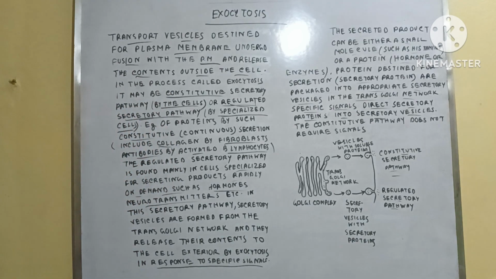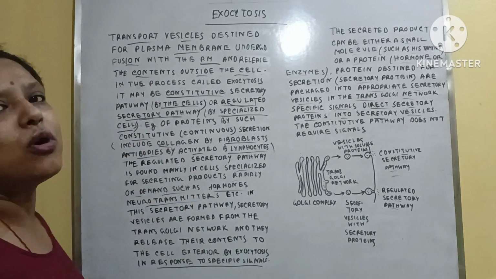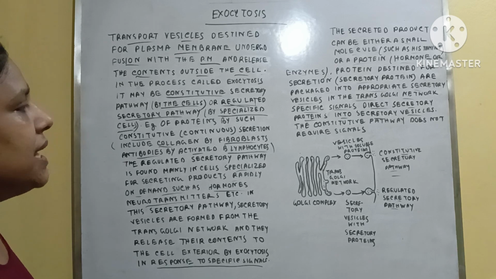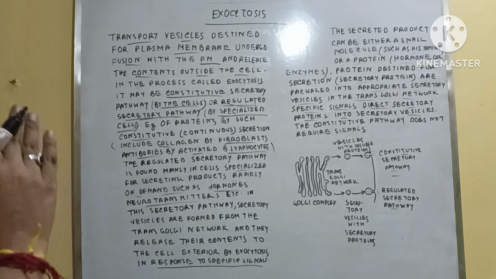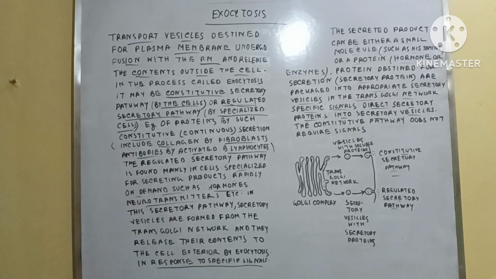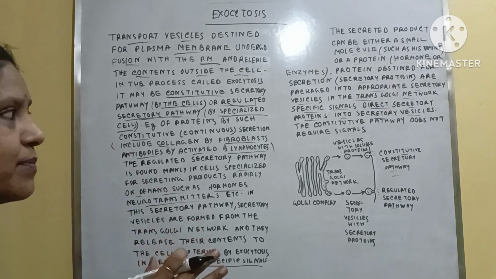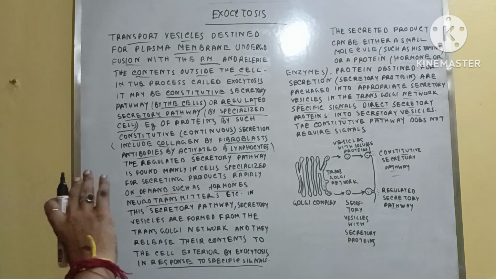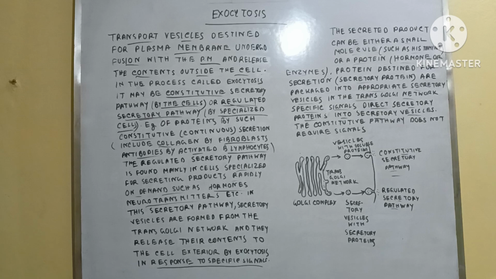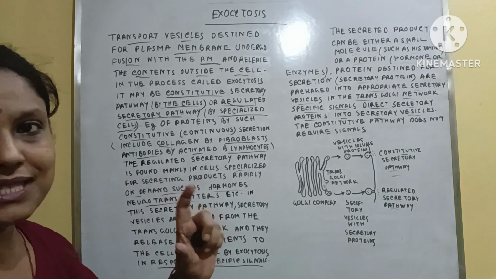If the signal does not direct the secretory proteins into the vesicle, then secretion is not possible. That's why the signal is important here.